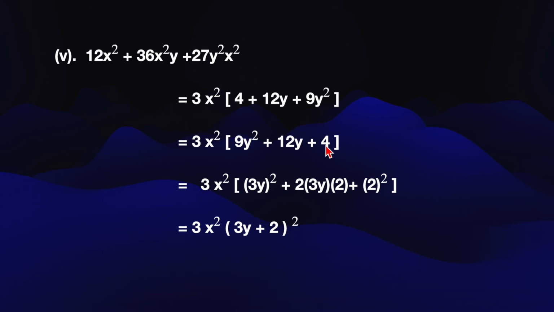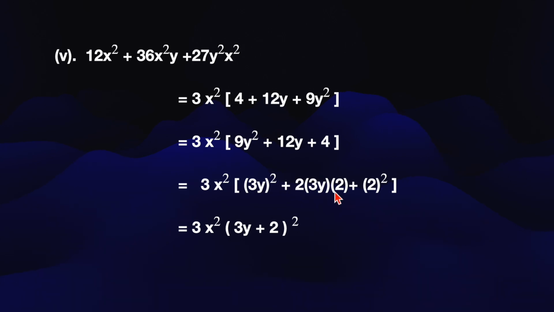Now 9 fours are 36. You can split the middle term and do it like that, 9 fours are 36, and take this as a middle term. Or on seeing this closely, I can see that it is a perfect square.